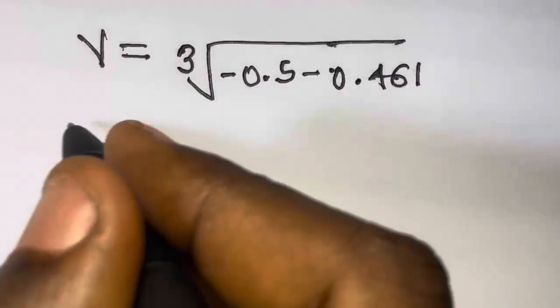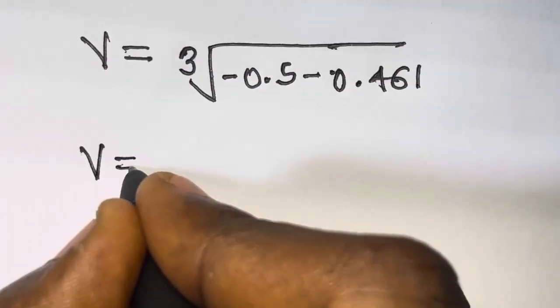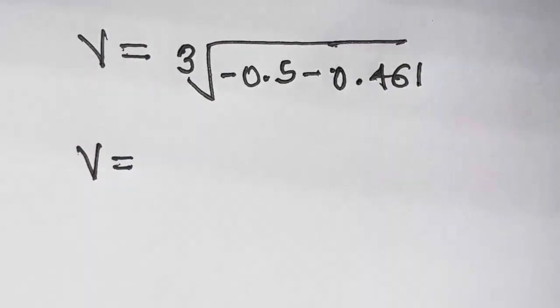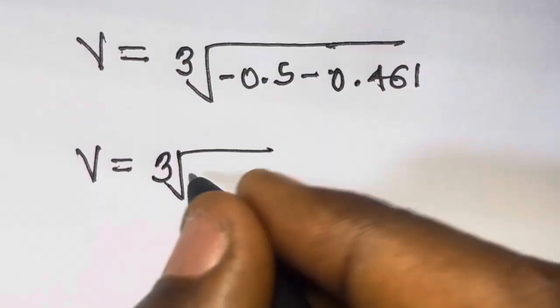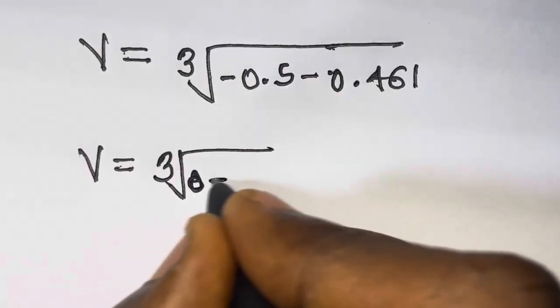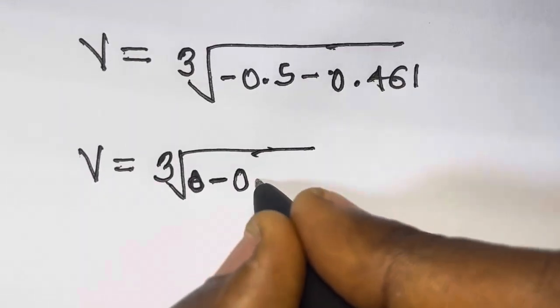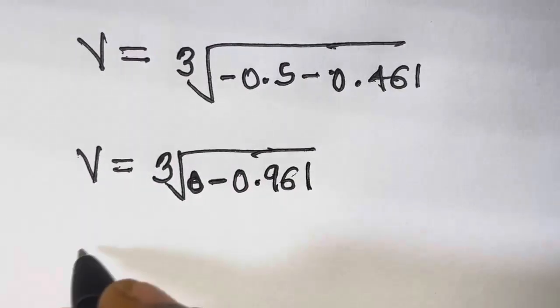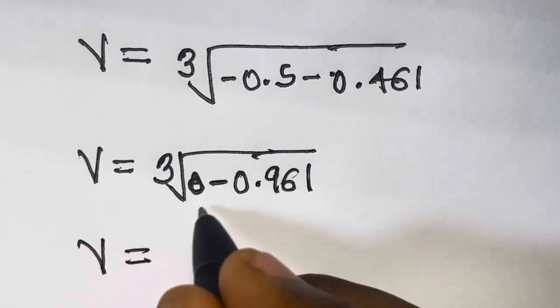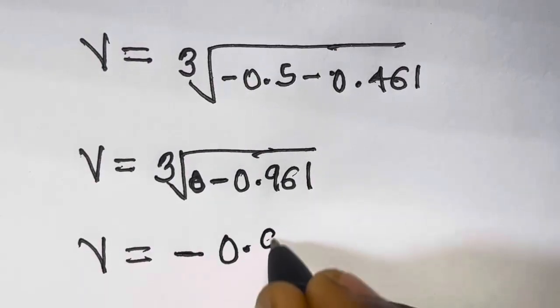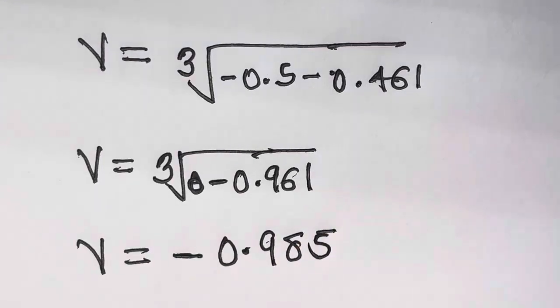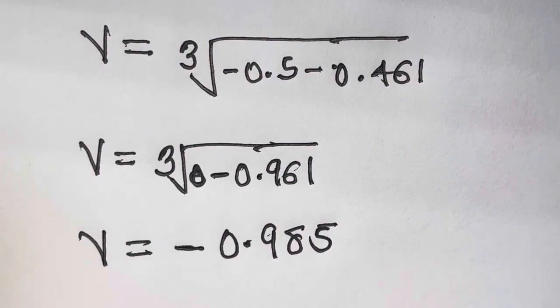If you subtract this, we get cube root of minus 0.961, and if you find the cube root of this, we have minus 0.985. So these are the values of u and v.